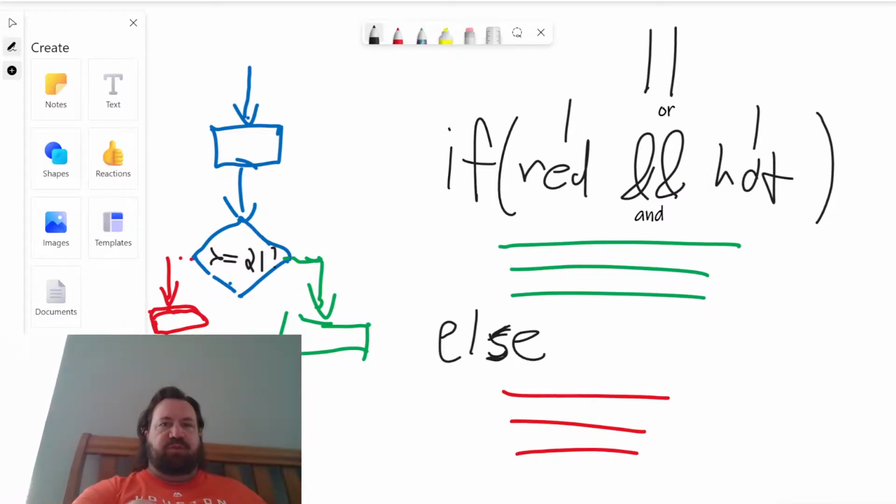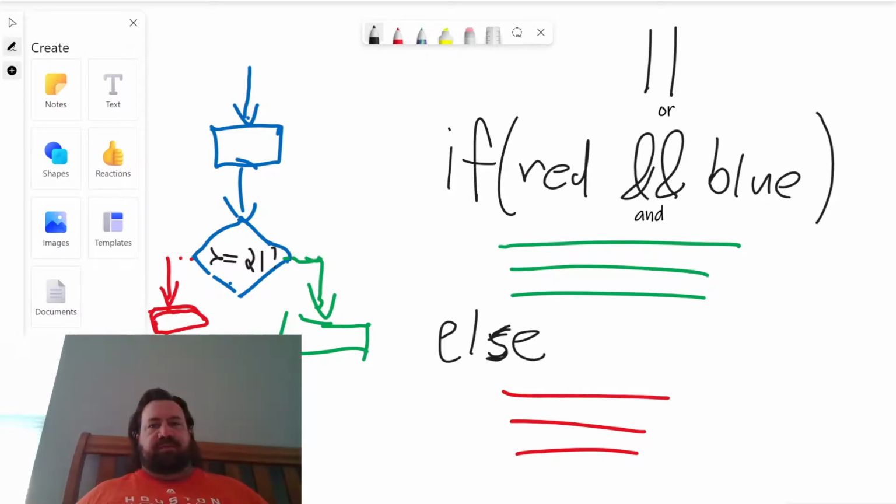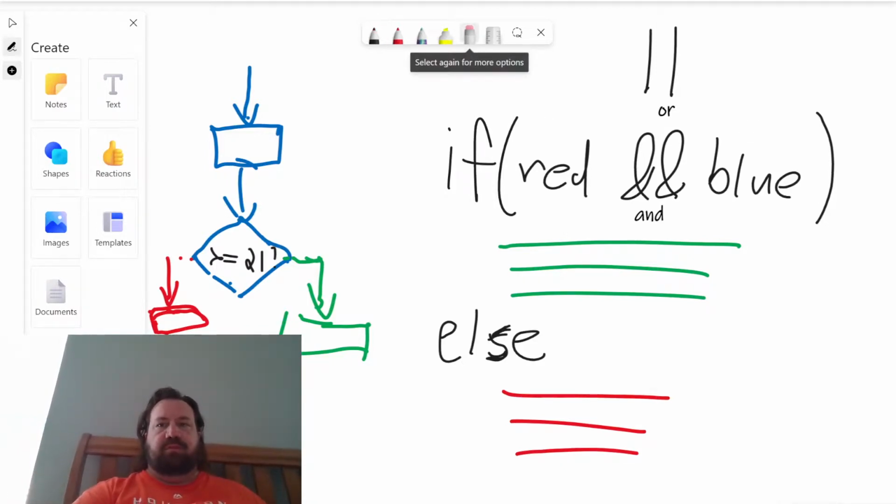They've both got to be true, or the whole thing falls apart. What if I said if red and blue? Okay, we're going to assume that the same object can't be red and blue, so that would never be true. We would always just skip to the else, because if we had a 1 here, we'd have a 0 here. And if we had a 1 here, we'd have a 0 there, right?